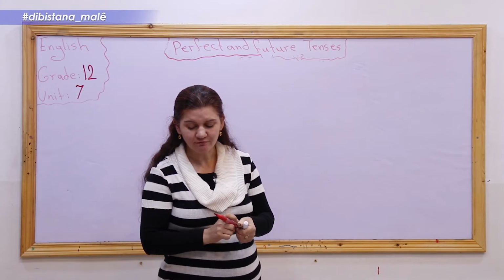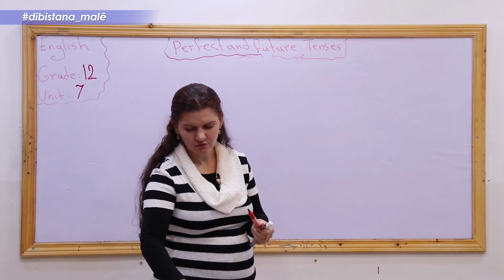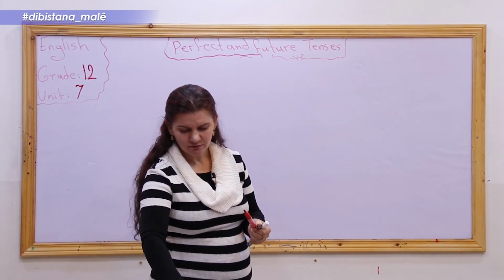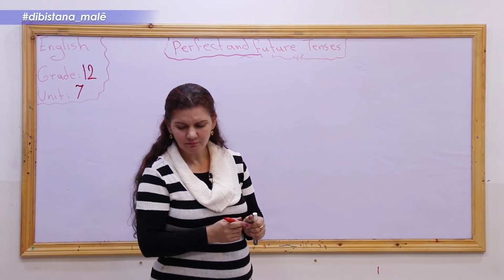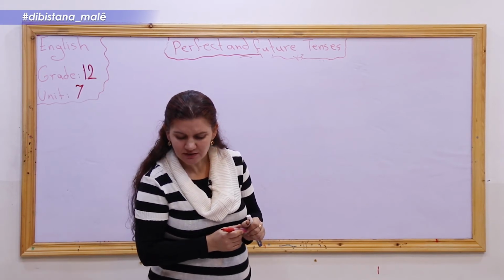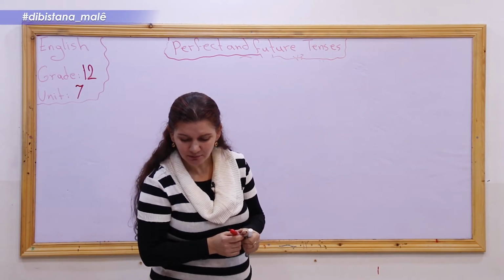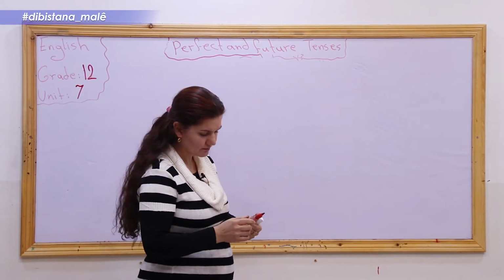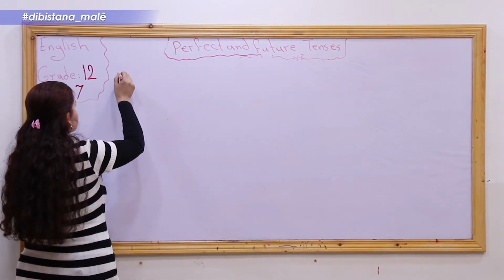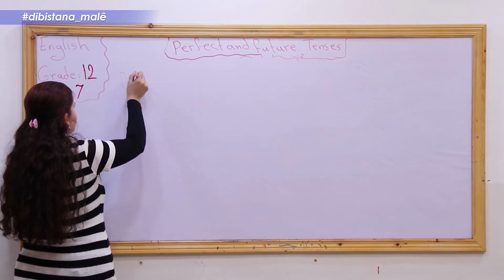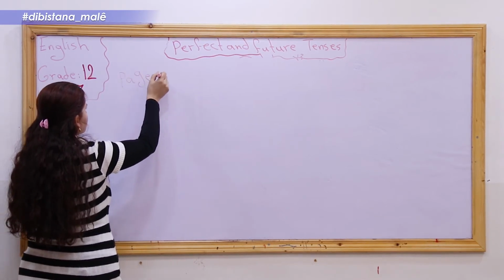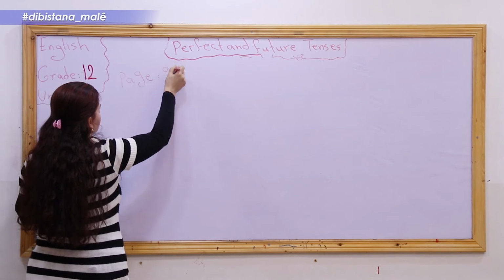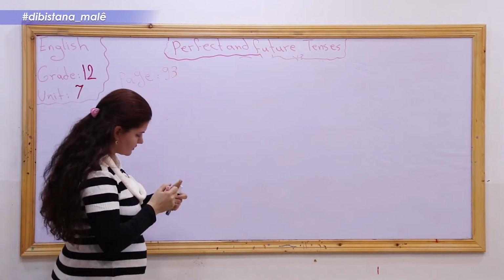It should be have been waiting, the first verb: present perfect continuous. And the second one, present perfect. Okay? Page 93. Is it 93? Yes.